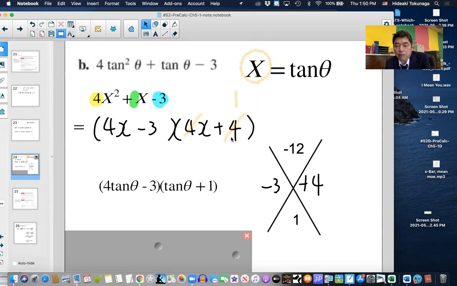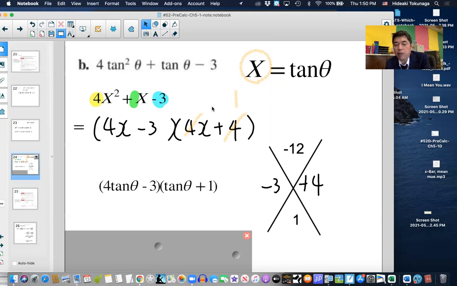So if you put +4 here, because the leading coefficient is 4, 4X times 4X would be 16X squared, but you have to come up with 4X squared.